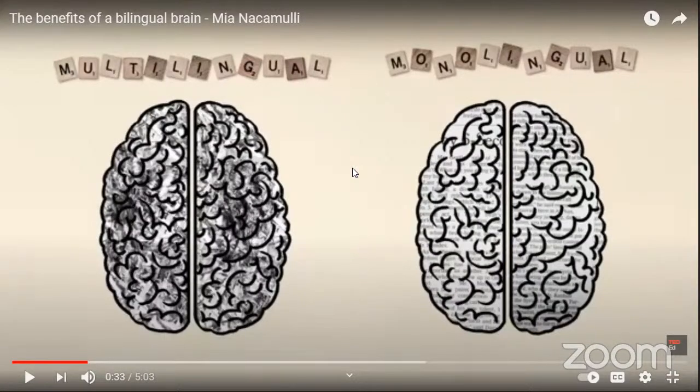I think that it's because of the information that multilingual people have in their brains. For example, when you only know and speak and write one language, you only have information of that language.